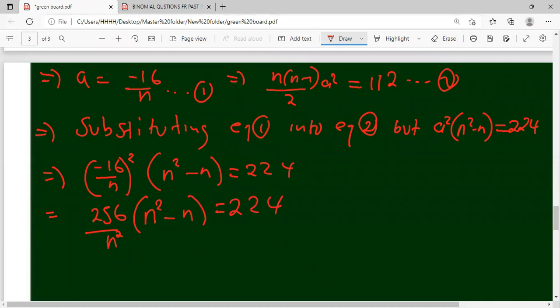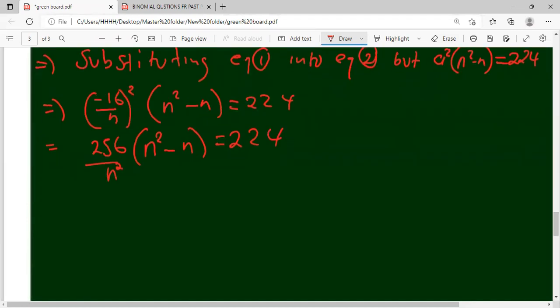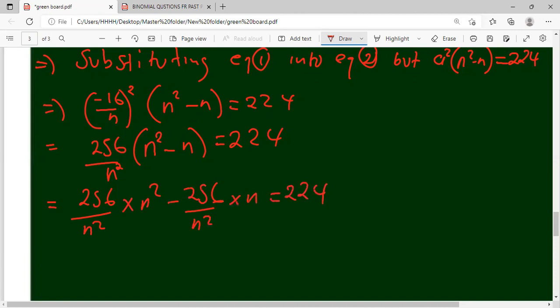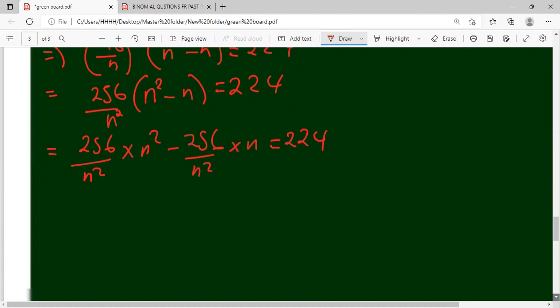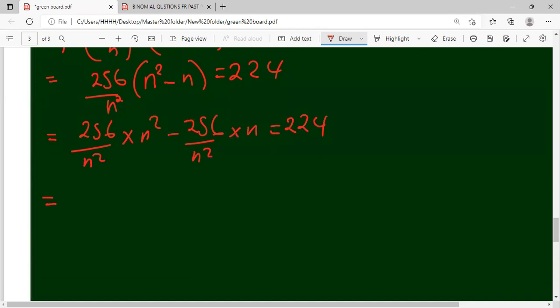Okay, so when we distribute, we have 256 over n squared by n squared minus 256 over n squared by n is equal to 224.